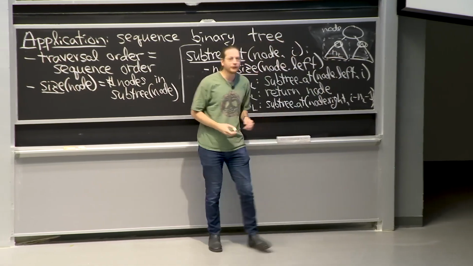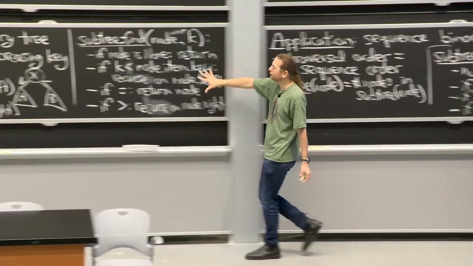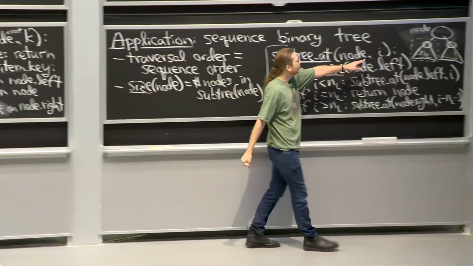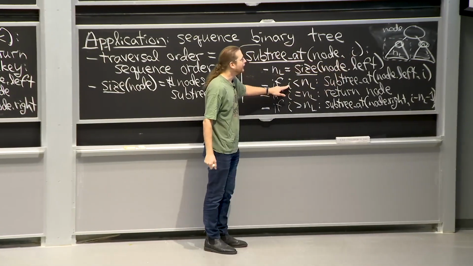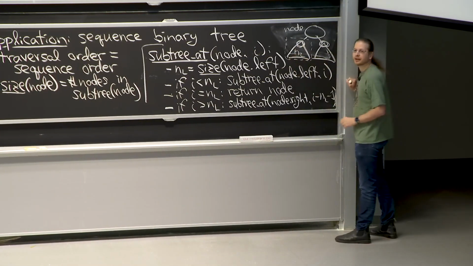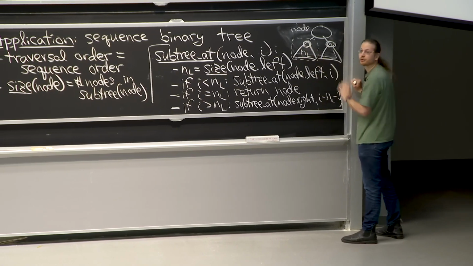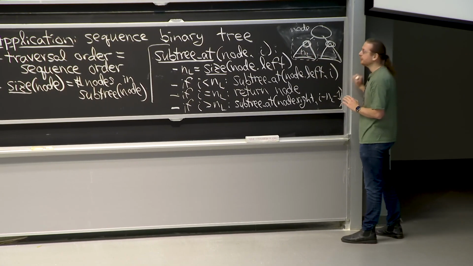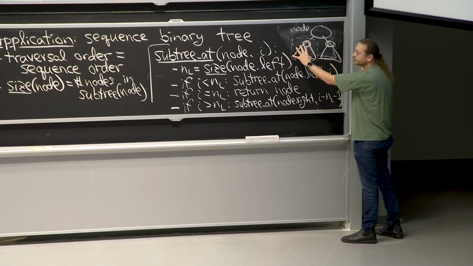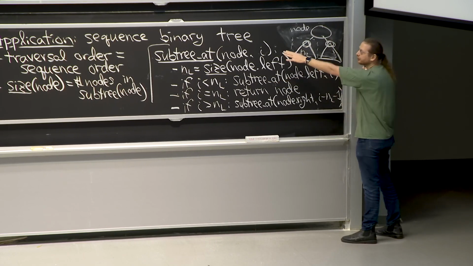Well, I claim that lets me do the equivalent of a binary search, because I'm looking for some index i. And if i is less than NL, then I know that it must be down here. For example, if i equals 0, it's going to be in the left subtree, as long as NL is greater than 0. So that's exactly this check. If i is less than NL, I'm going to recurse to the left, call subtree_at of node.left, comma i.